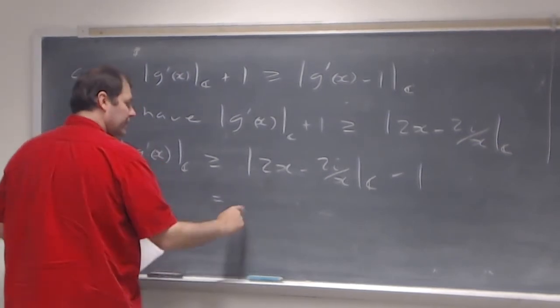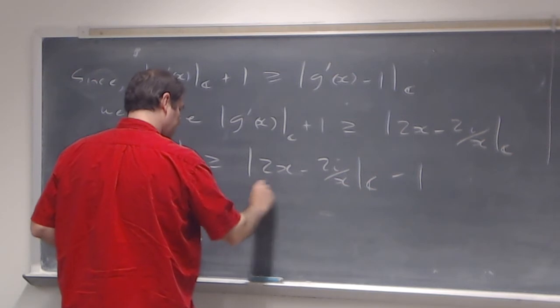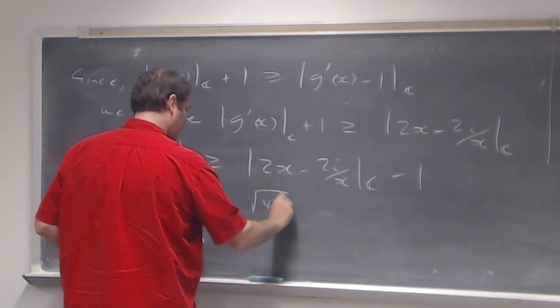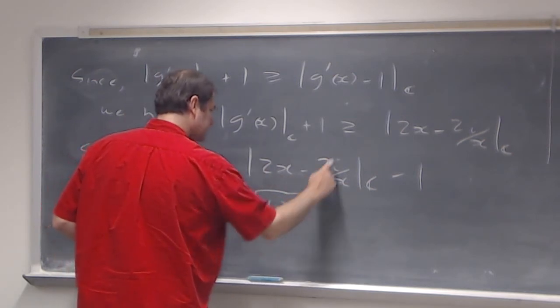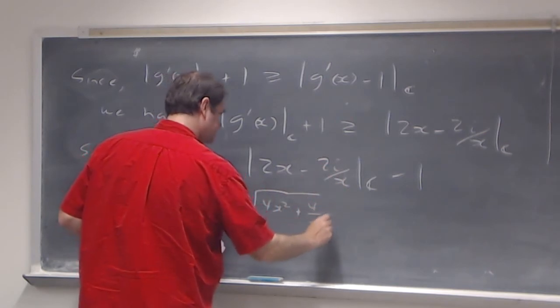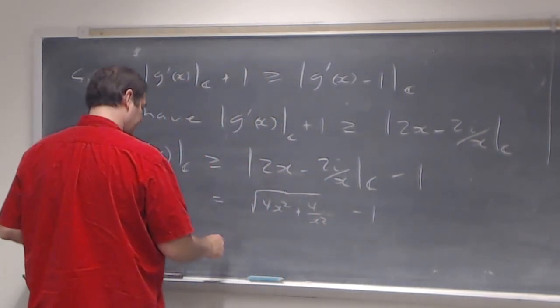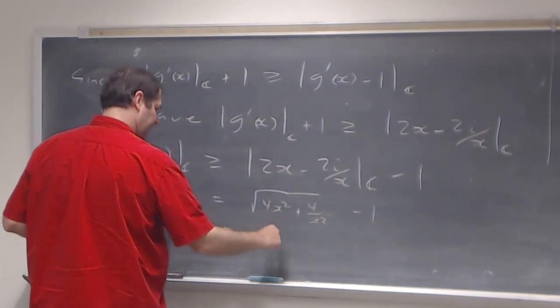Now this part is equal to, so this is the real part, that's the imaginary part, so it's the square root, this guy squared, so 4x squared, plus this 2 over x squared, so that's 4 over x squared, and then minus 1. And I want to tell you that this is going to be bigger than, so I'm going to make it smaller.